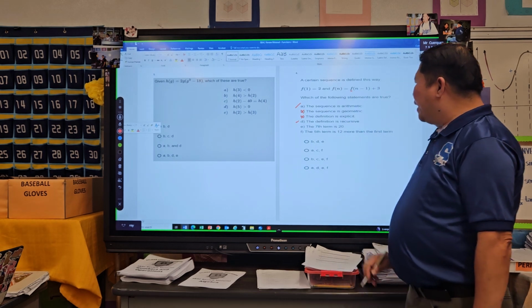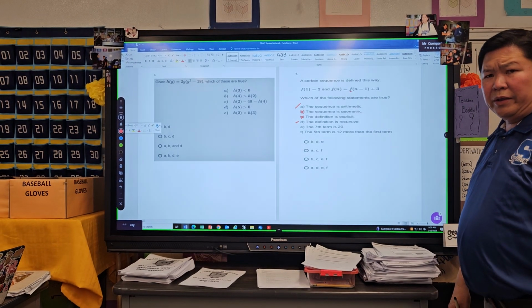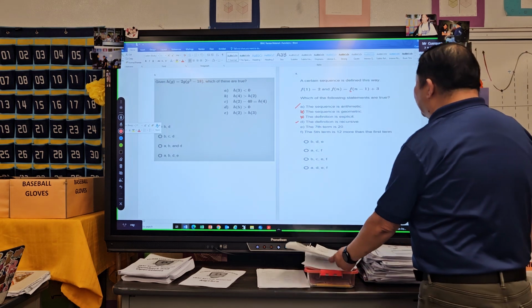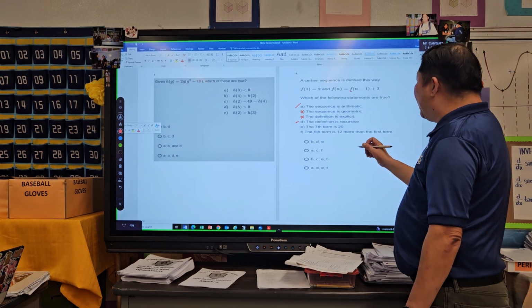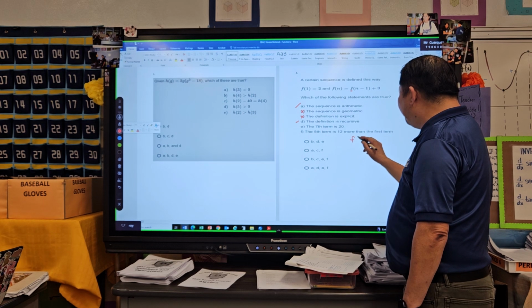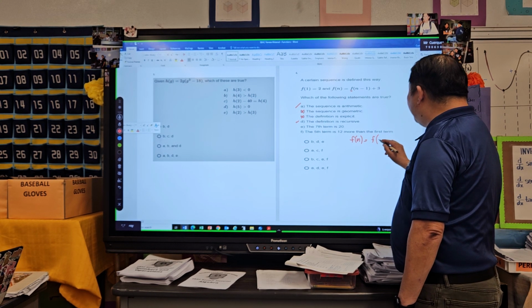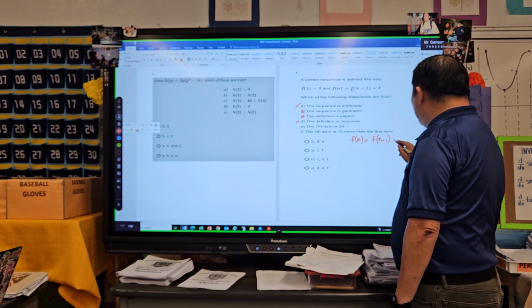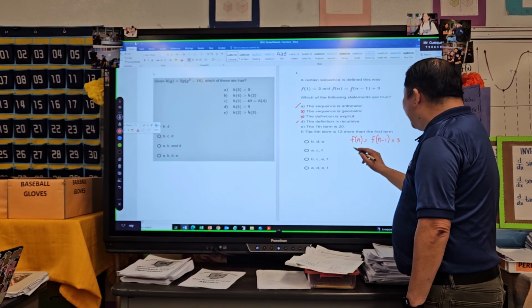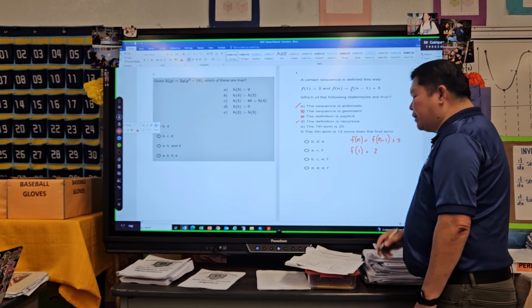Now, next question. The seventh term is 20. Oh, Mr. Roy, what do you mean by that? Seventh term is 20. We all know that from this definition, f of n is equal to f of n minus 1 plus 3, that f of 1 is already given as 2.